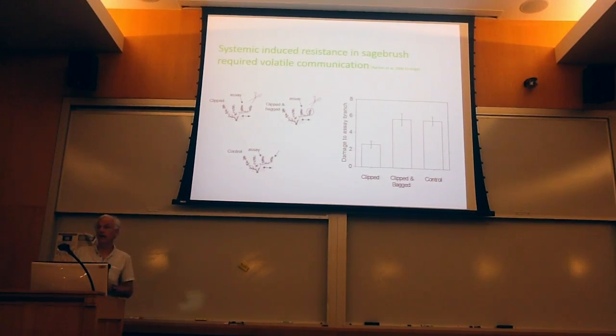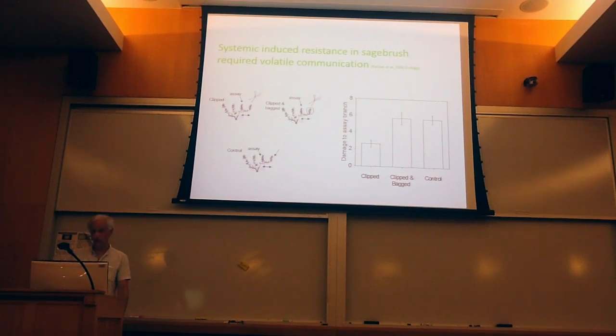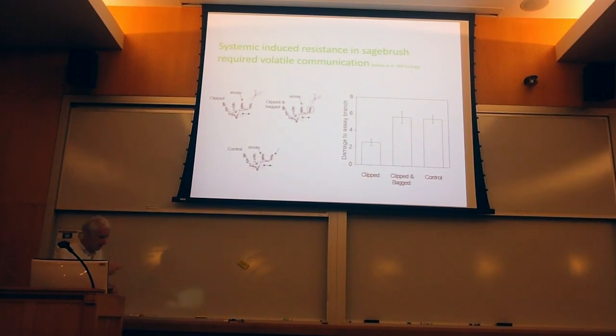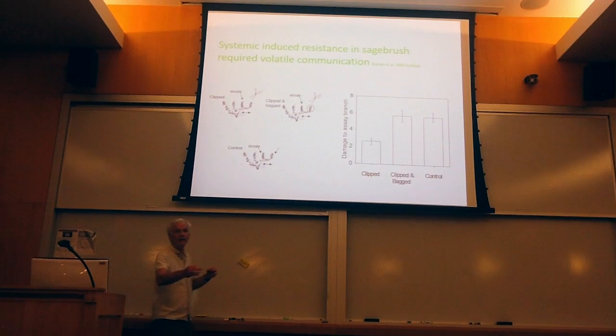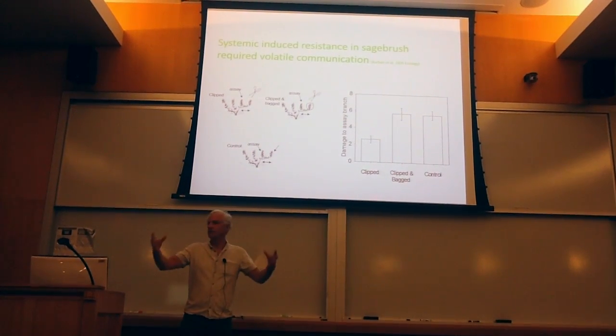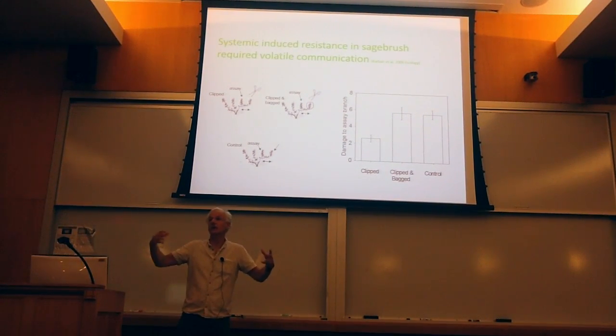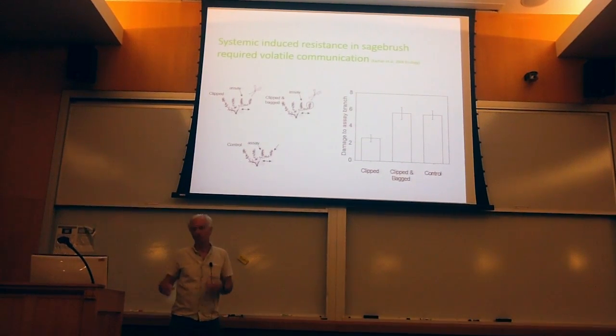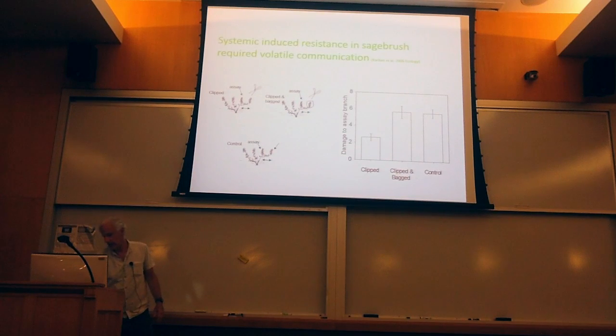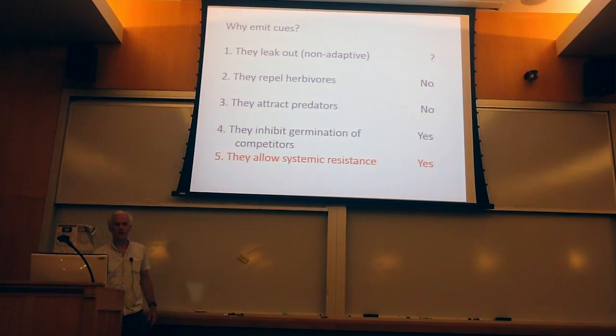Without that airflow, it's not able to do that. And that could favor the emission of cues. In other words, communication between plants might be almost a secondary effect of communication within an individual plant. And that seems like a possibility.